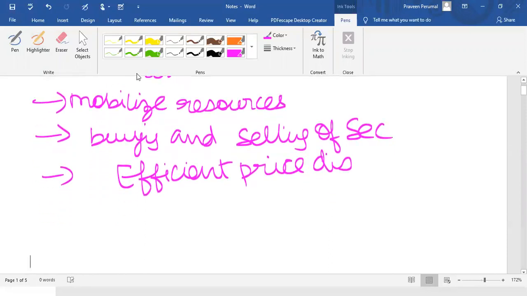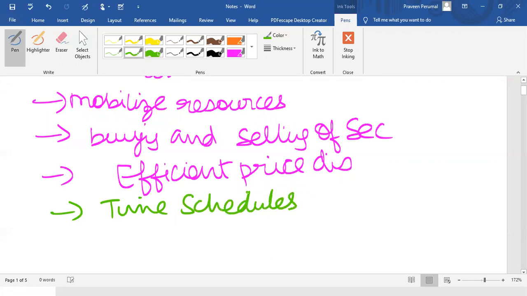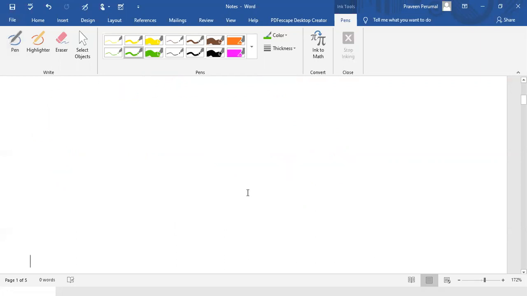Then, fourth point, facilitate settlement of transactions in accordance with the predetermined time schedules. Okay, so these are all the functions of the capital market.